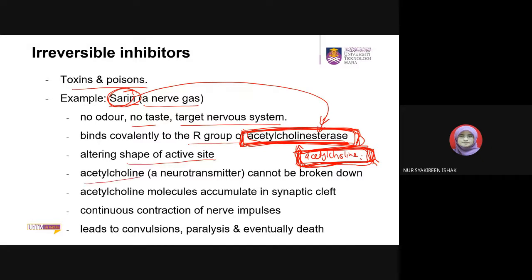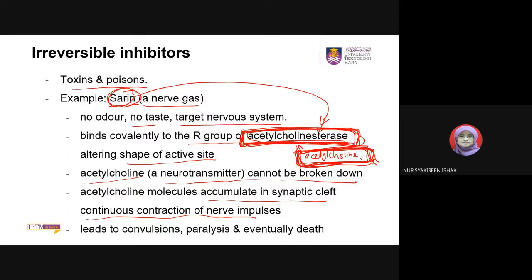So acetylcholine cannot be broken down. Acetylcholine molecules accumulate in the synaptic cleft and cause continuous contraction from nerve impulses, leading to convulsion, paresthesia, and eventually death.